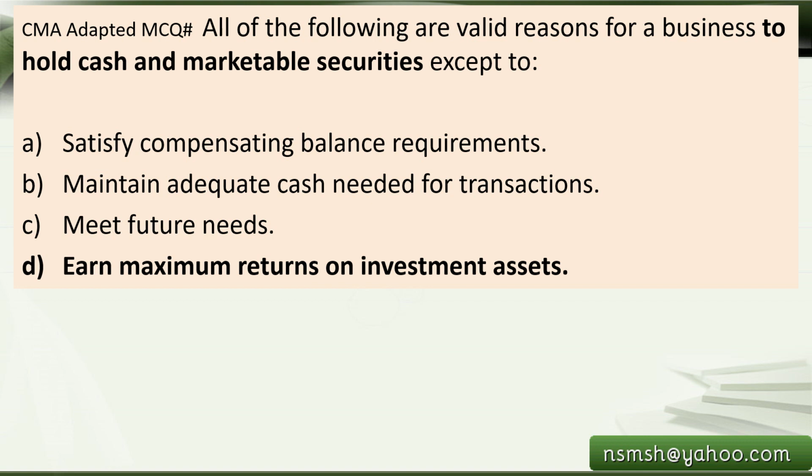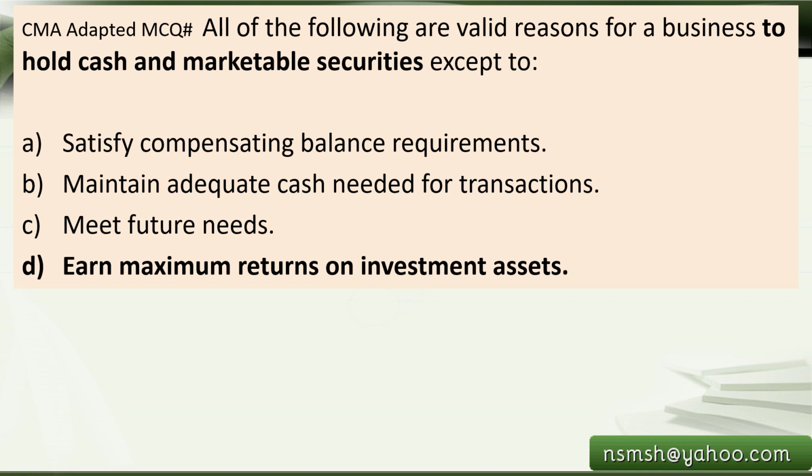So we are supposed to find out which is not a valid reason, because the question is asking: all reasons are good to hold cash and marketable securities except. So we have to find which is not the characteristic. So B, maintain adequate cash needed for transactions.